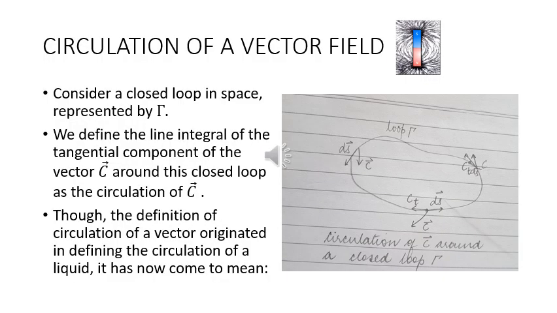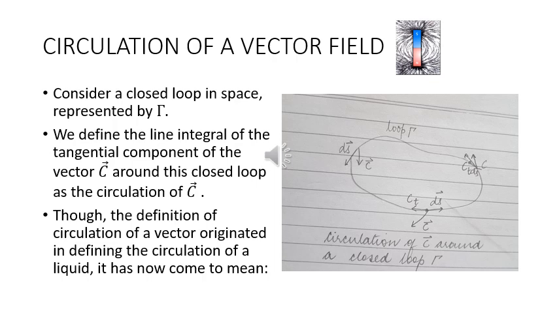Next, we define the circulation of a vector field. On the top right hand corner, we have chosen a bar magnet, and you can see the iron filings aligning themselves to show the existence of the magnetic lines of force. Now consider a closed loop in space represented by a curve gamma.